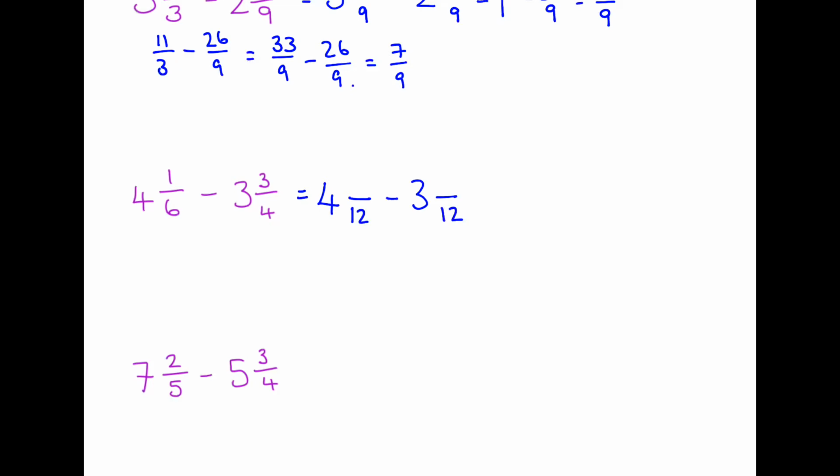So making our equivalent fractions here, 6 times 2 is 12, 1 times 2 is 2. 4 times 3 is 12, 3 times 3 is 9. So we've got 4 take away 3 is 1, and then 2 12ths take away 9 12ths gives us -7 12ths. And remember, there are 12 12ths in a whole 1, so if you take away 7 of them, you've got 5 left.